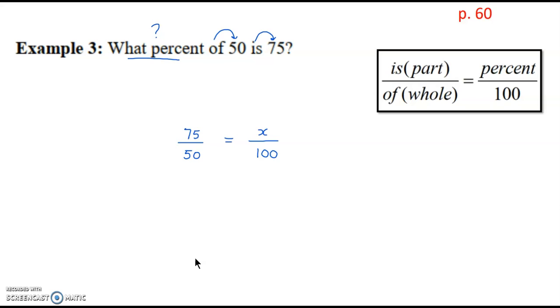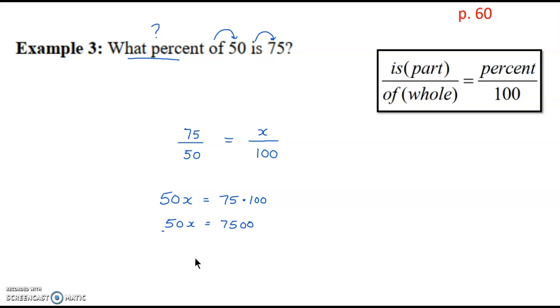This time I'm going to show the solving algebraically, so it's always good to use algebra where we can. So we cross multiply: 50 times x is equal to 75 times 100. So 50x is equal to 7,500. Now we can divide because we want to isolate x.